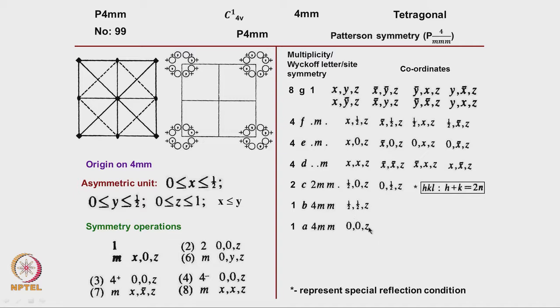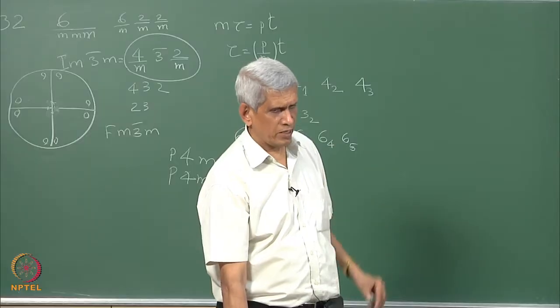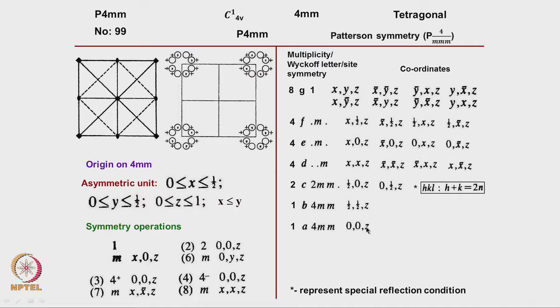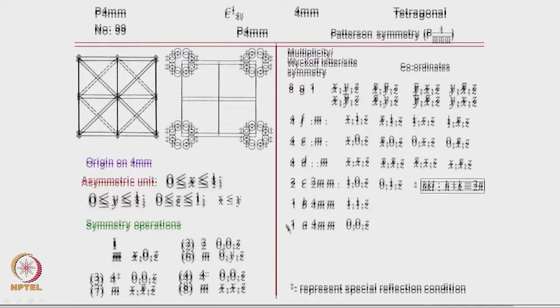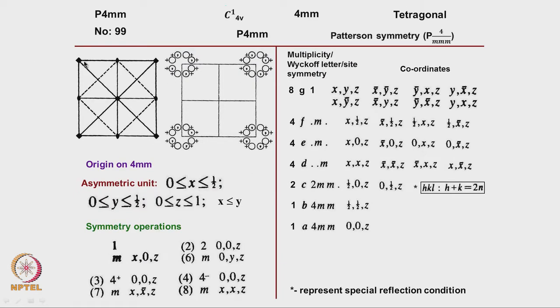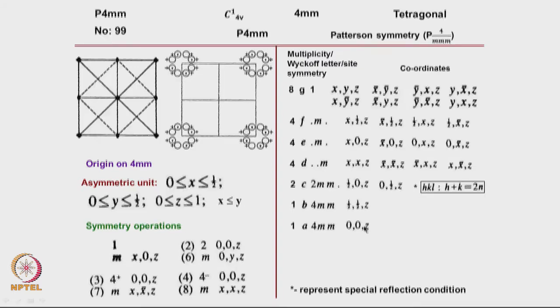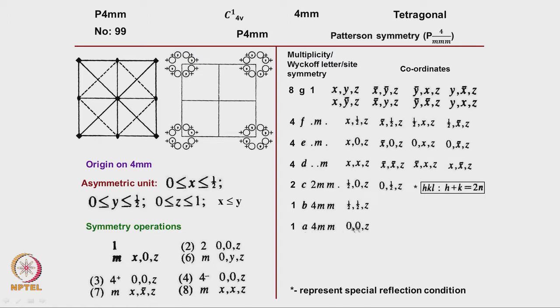Okay. So, suppose we fix the origin corresponding to the atom position, then this will turn out to be 0 0, correct. So, this corresponds to an atom being kept at this particular position, the origin. Okay. Then it will be 0 0 z or 0 0 0, both are possible. Okay. Then by translational symmetry, the atoms will come at the other 4 positions, and the unit cell gets completed, correct.